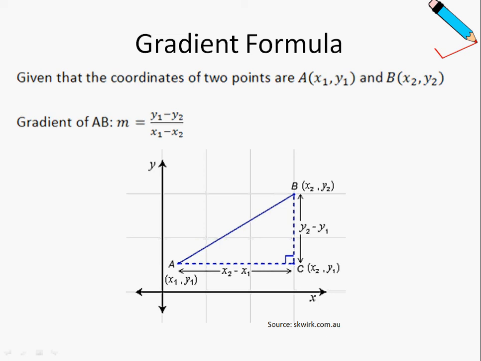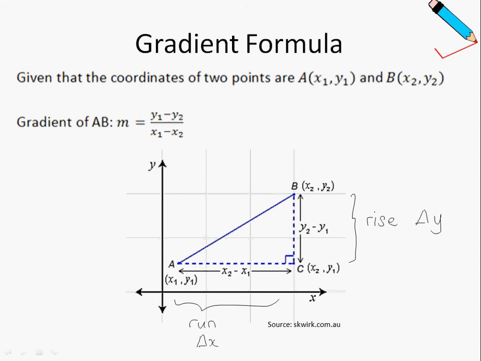But to put it in simple layman terms, the gradient of 2 points, let's say A and B, is simply the rise over here divided by the run. So the rise can be said to be the change in y, divided by the run, which is the change in x.